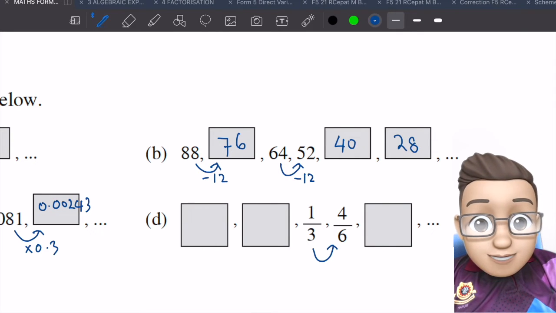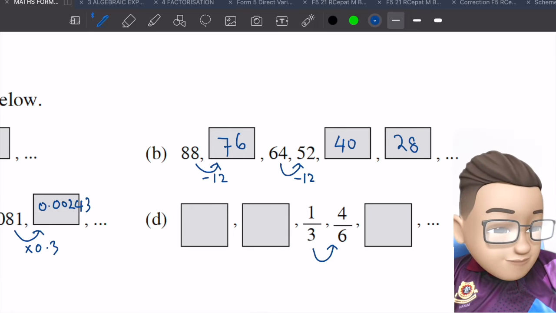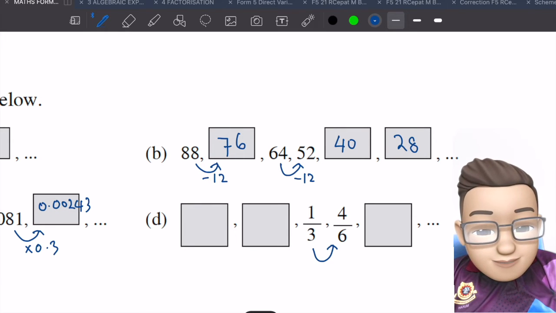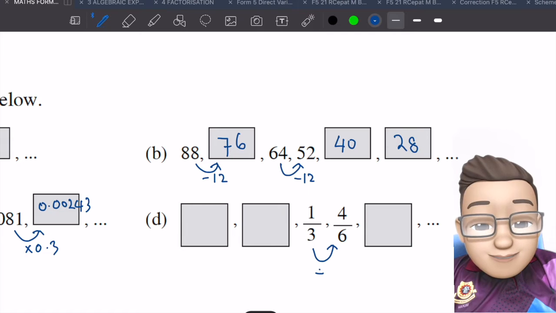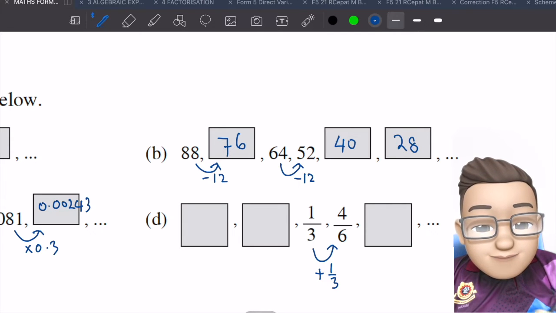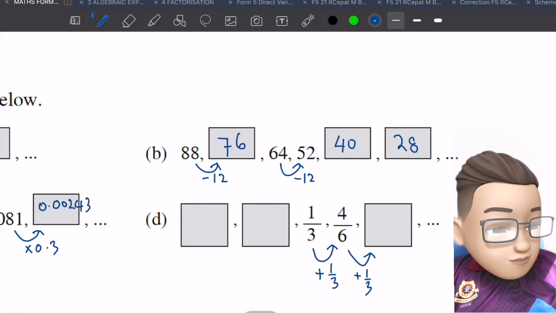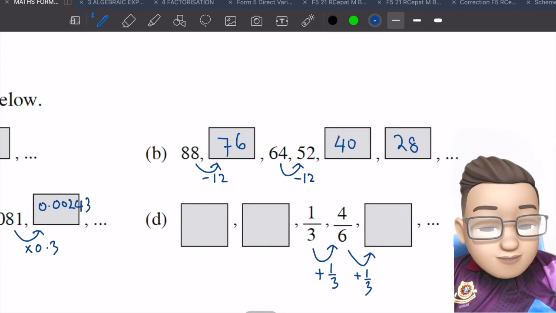You try to press your calculator. You will get 1 over 3. So it means you need to plus 1 over 3. So from 4 over 6, in order to get the next number, you need to plus 1 over 3. So you will get 1.